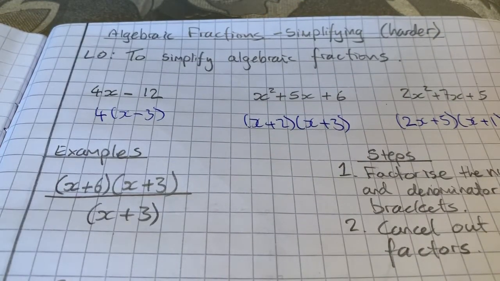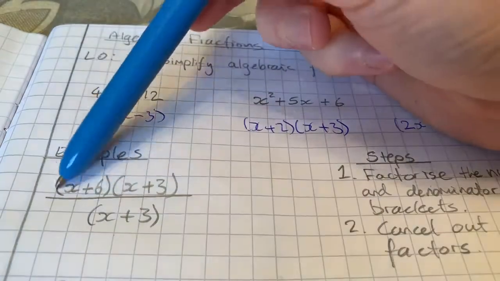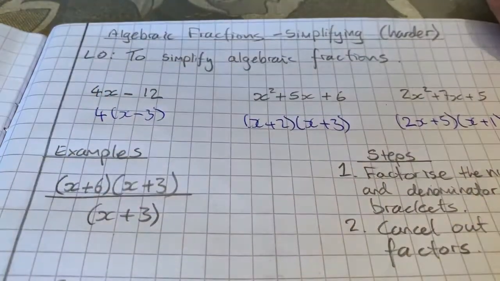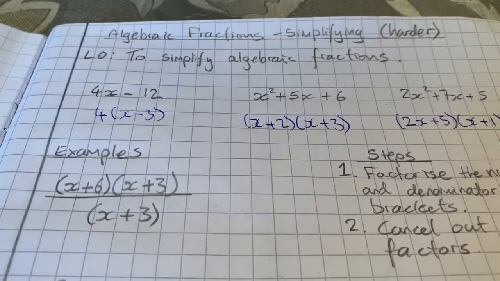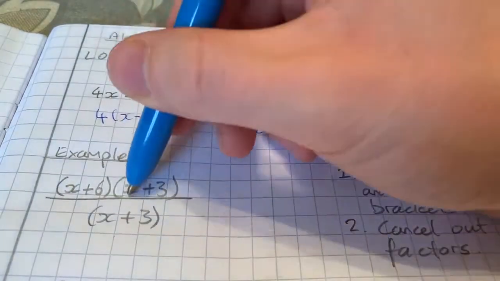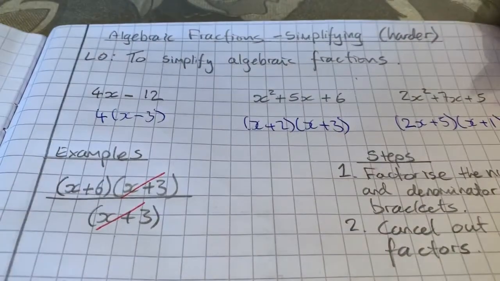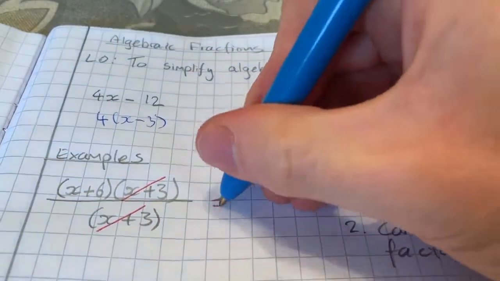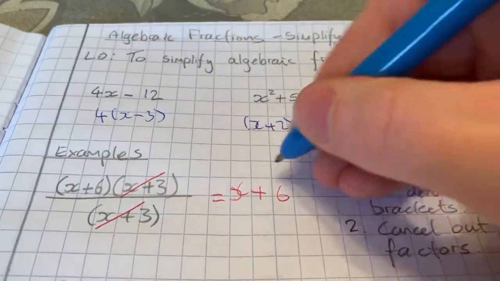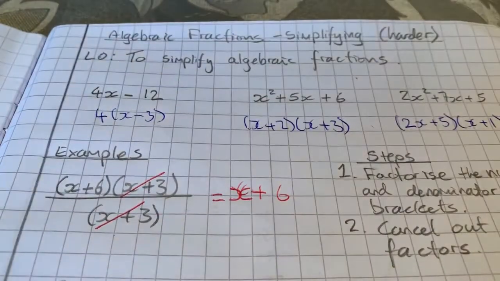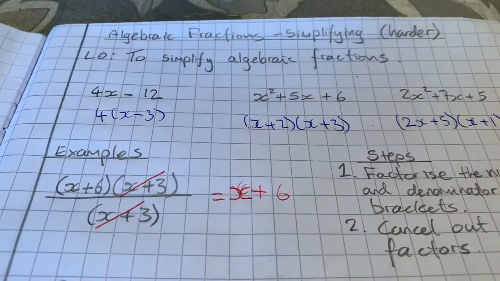I've got x plus 6 bracket x plus 3, in separate brackets, all over x plus 3. We cancel out common factors. x plus 3 is common in both, so we cancel them, and we're left with just x plus 6 as the final answer.